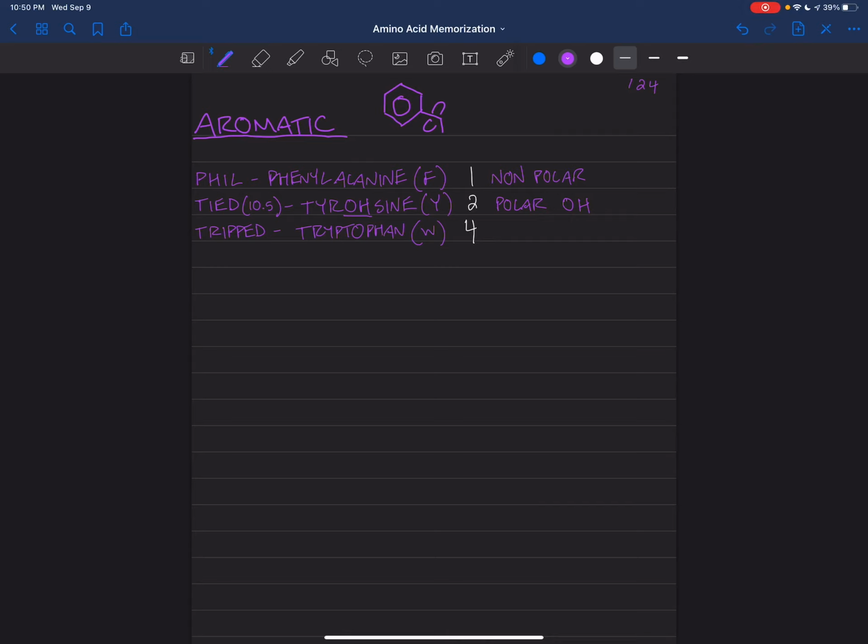Phenylalanine, which I'll just put as PHE. All it's going to do is start with a carbon, like many do, and then it's just going to have that beautiful pentagon, or hexagon. Of course, this will be a CH2, and that's it. That's phenylalanine. Nice and simple, and that has one piece.